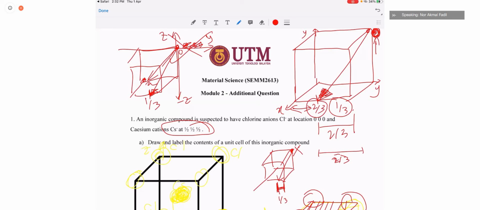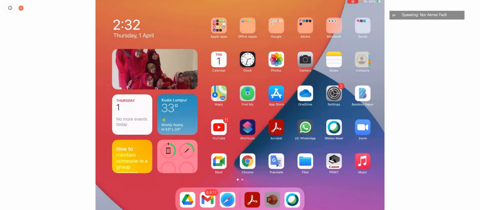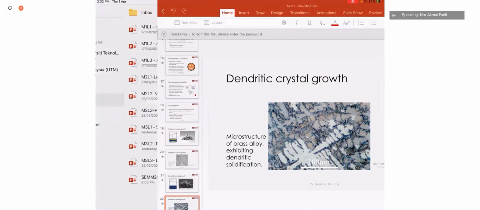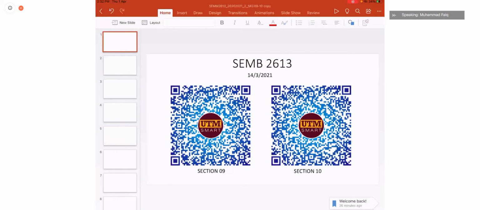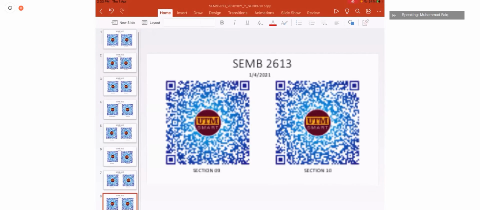Have you scanned the attendance? Yes, doctor. Semua dah? If you have not yet scanned the attendance, you may scan now.